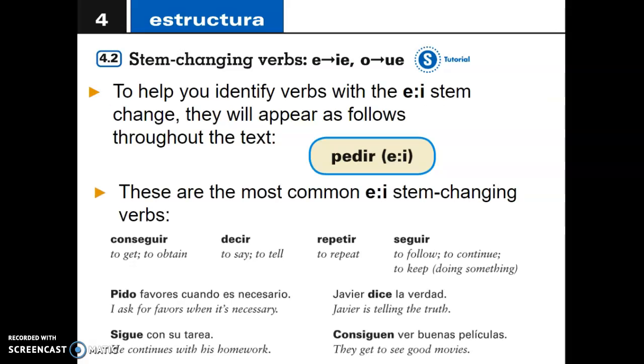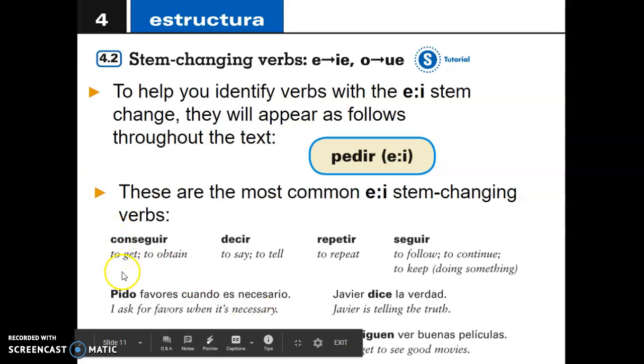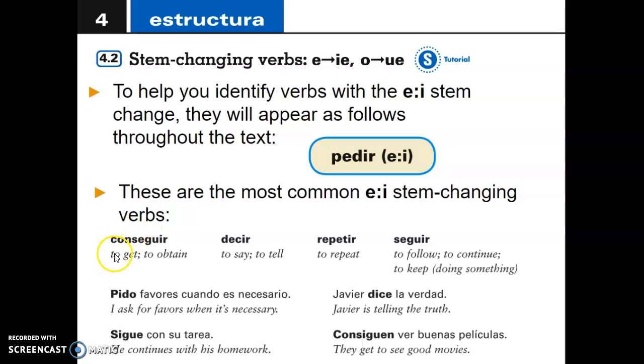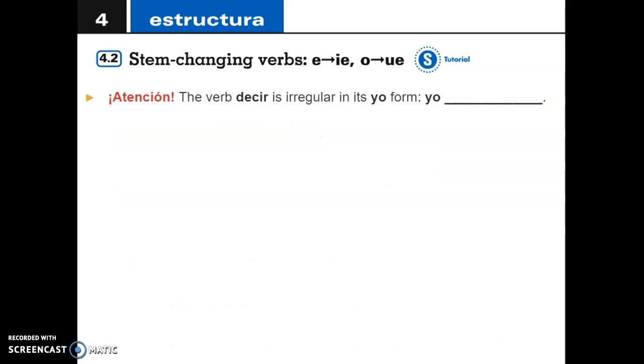If I were you, I would conjugate all of these as well. Consigo, consigues, consigue, conseguimos, etc. So, one quick little thing about decir, it has an irregular yo, but otherwise it's regular with that stem change. So, it's yo digo. You're just going to have to memorize that part too. It's an irregular yo like tener had an irregular yo.